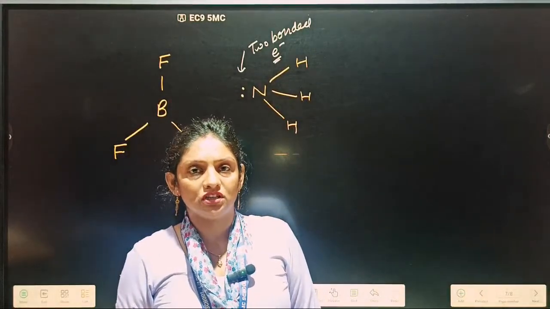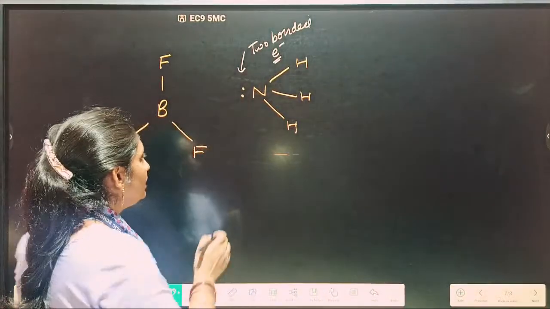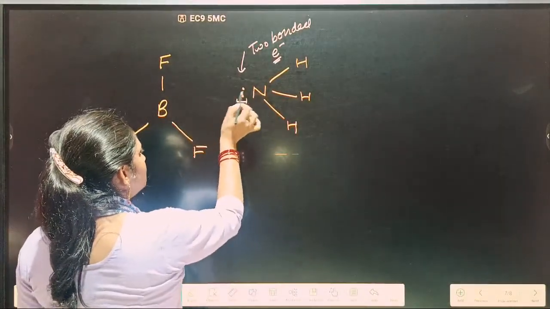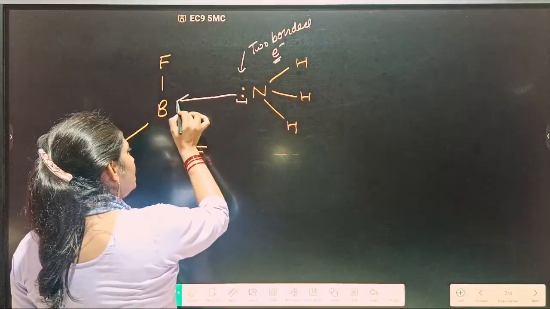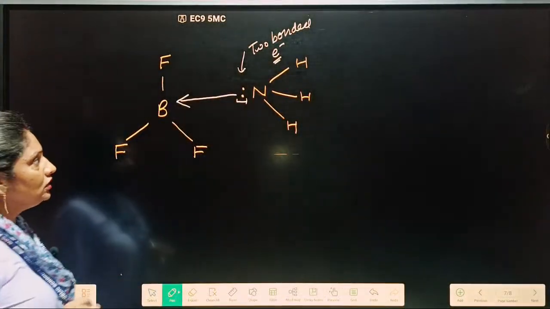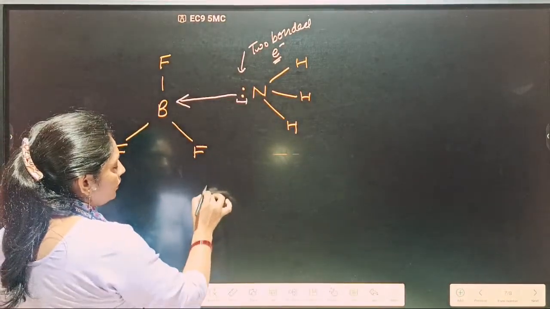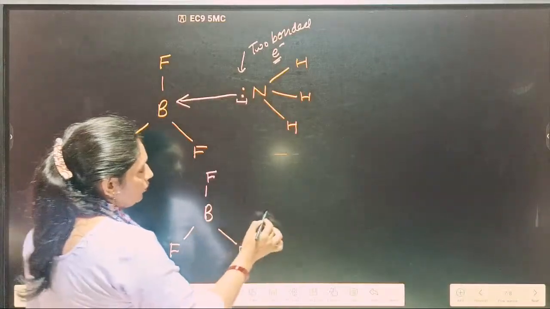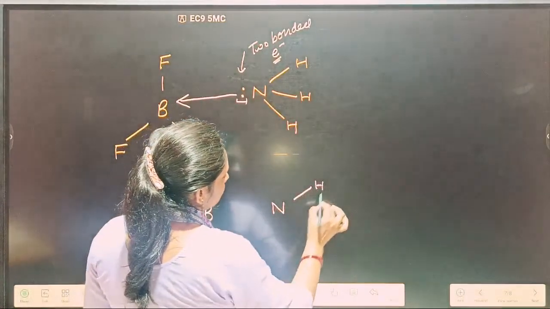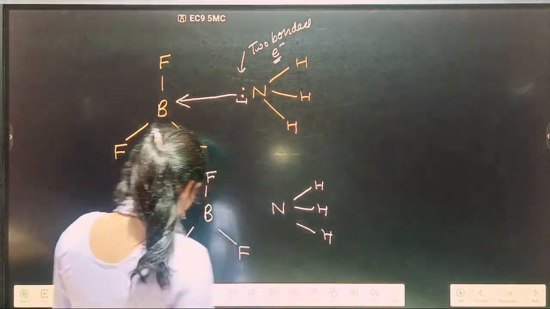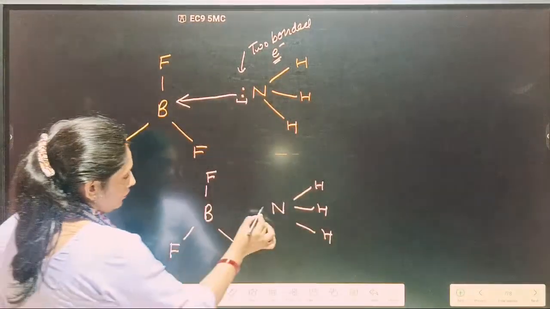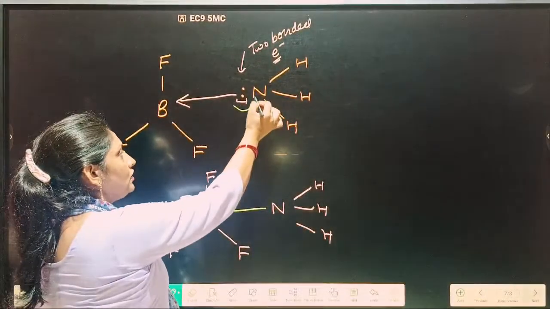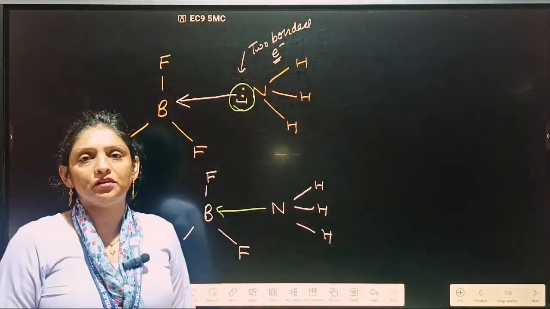By this electron pair, this nitrogen is giving electrons to this boron, which means it is forming a bond with boron. Here it is not giving this pair on a permanent basis.